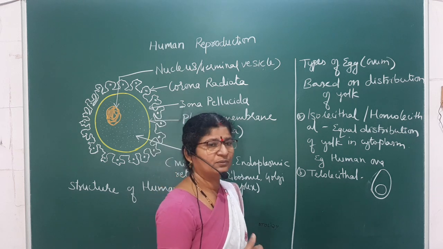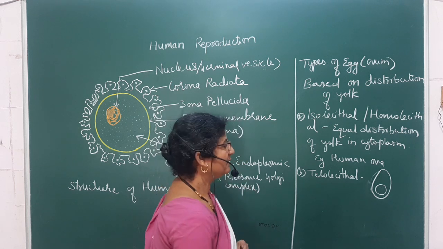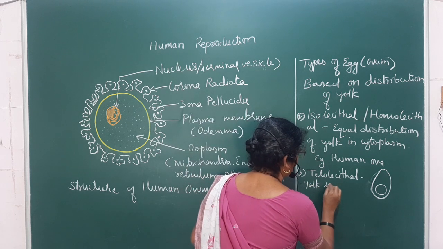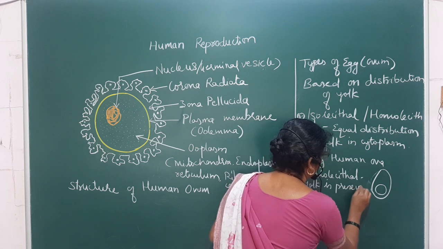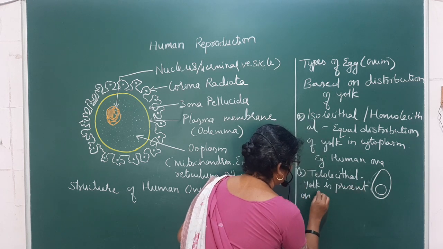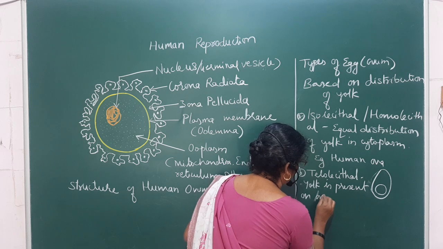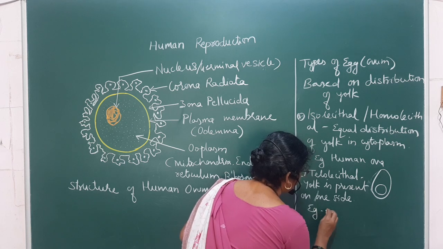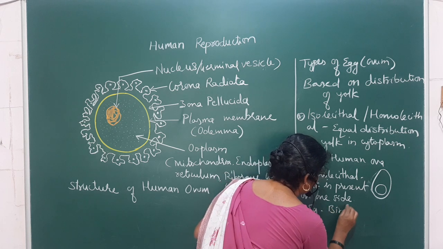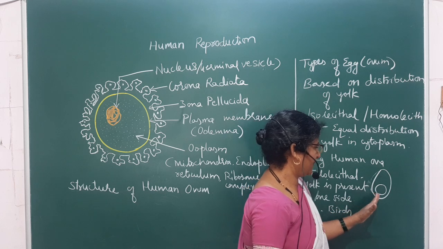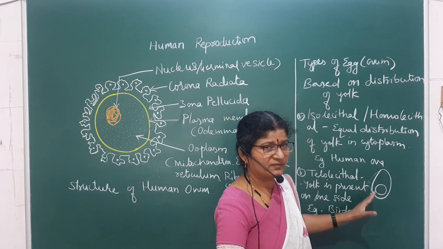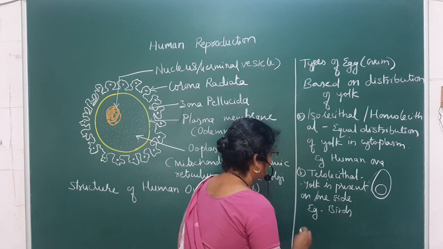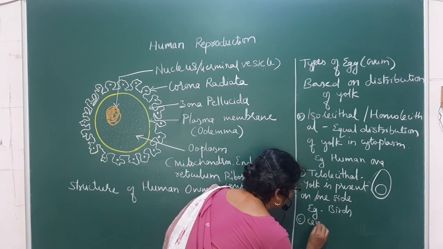So such eggs are called telolecithal. Here we can give the example of a bird's egg. Where the yolk is present, that pole is called the vegetal pole, and opposite to that is the animal pole. Now the third type is centrolecithal.